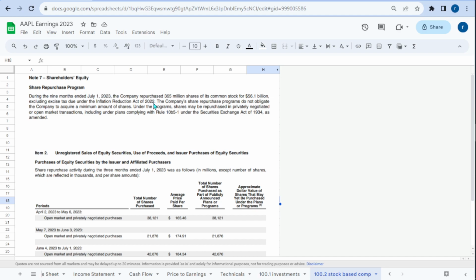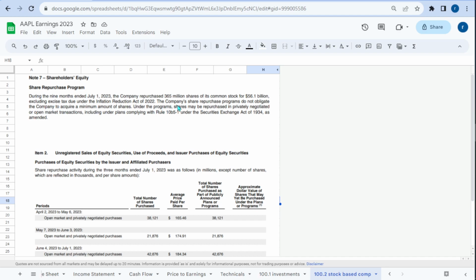So if you guys do remember, the IRA, the Inflation Reduction Act, they started charging companies for buybacks. And I forget what that exact amount was, but I think it's like 1% or something. So this 56.1 billion is excluding that excise tax.